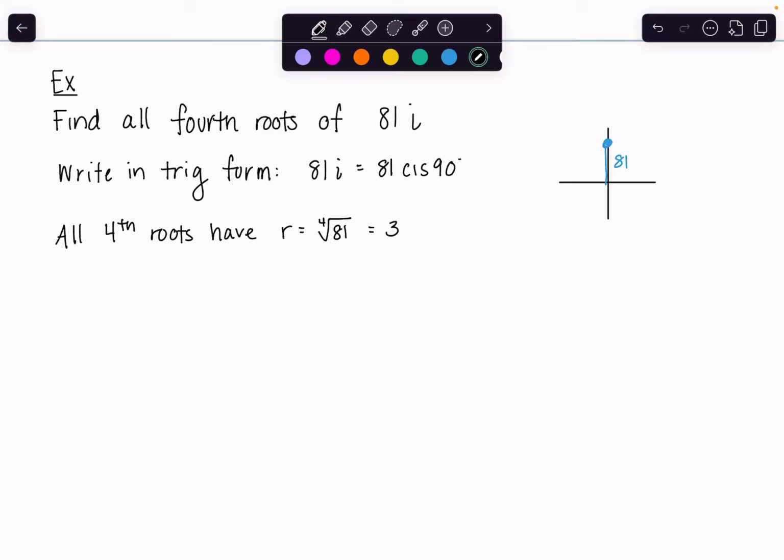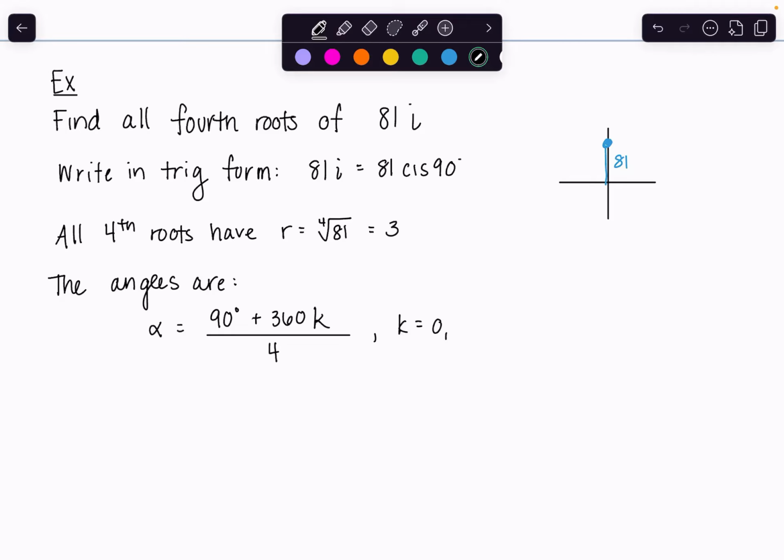Now I need to find the 4 angles. So utilizing that formula, the angles start with 90 degrees. We add 1 revolution around the unit circle, times it by however many revolutions, and we keep doing that process. And then we divide by 4.